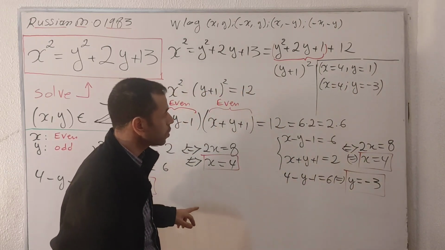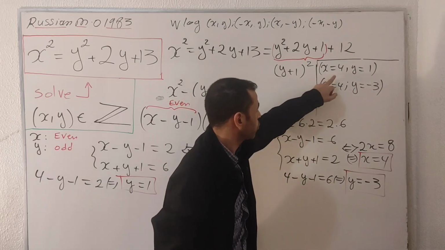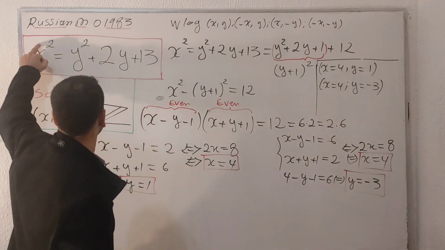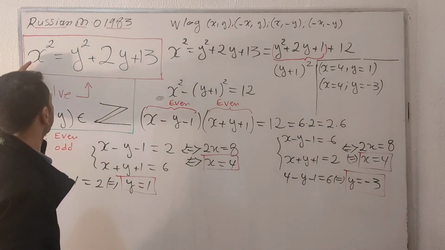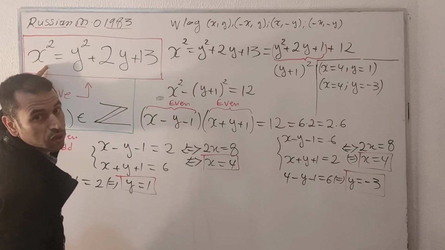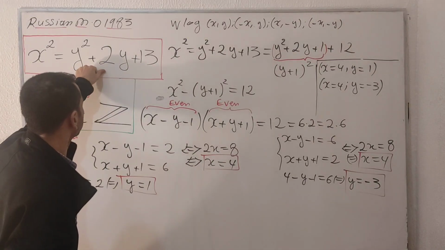Okay? Then if you take a look carefully, we found x equals 4, but x equals minus 4 is also a solution because we have x squared here. If you plug in 4 here, the quantity squared is 16. If you plug in minus 4, the quantity squared is also 16. So that means the two different values give the same result.